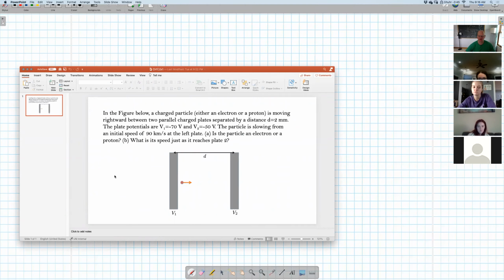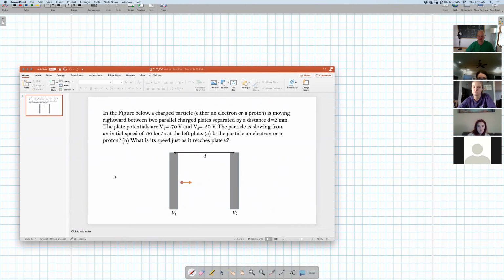So here we can say the final kinetic energy is 1/2 mass of the proton times the final velocity squared minus the initial kinetic energy, which is 1/2 the mass of the proton times the initial velocity squared, plus the change of potential energy. Our change of potential energy in this case is going to be the charge, which is the fundamental charge, since that's the charge of the proton, times the change of potential, right?